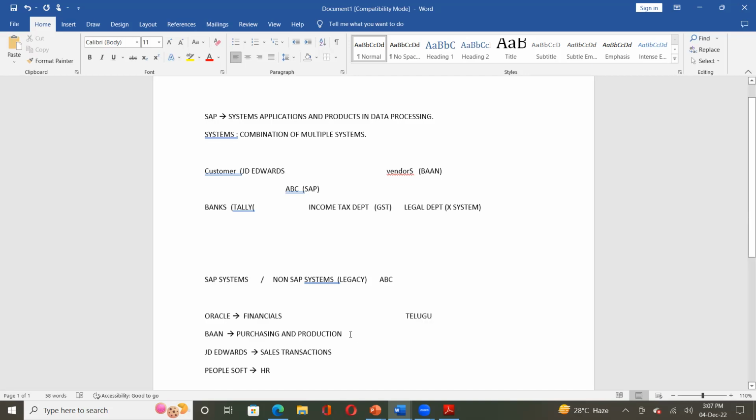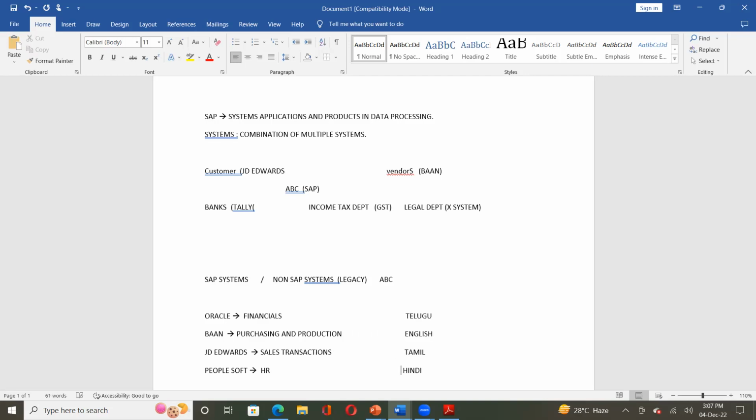In the purchasing and production department, the person knows only English, nothing else. I'm taking this as a programming language. When it comes to sales transactions, this person knows only Tamil, nothing else. And in the HR department, for example, this person knows only Hindi. Apart from this, he doesn't know any other language.